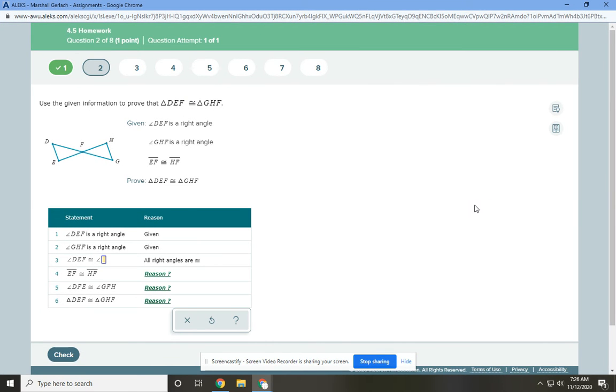Now we're going to actually apply that in a proof. And this proof deals with right angles. So when we look, we see that DEF and GHE, both of those are right angles. And since they're both right angles, they're going to be congruent.